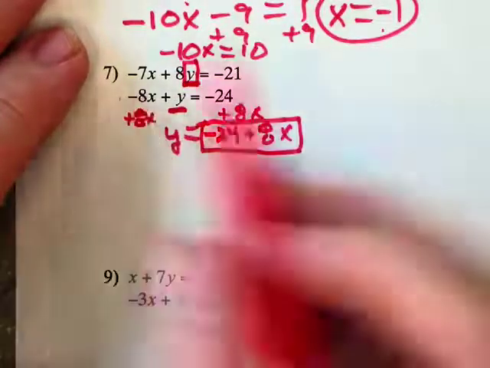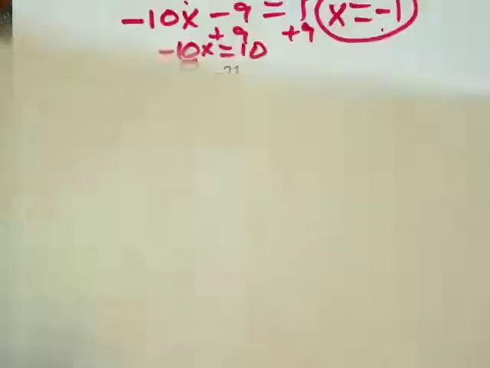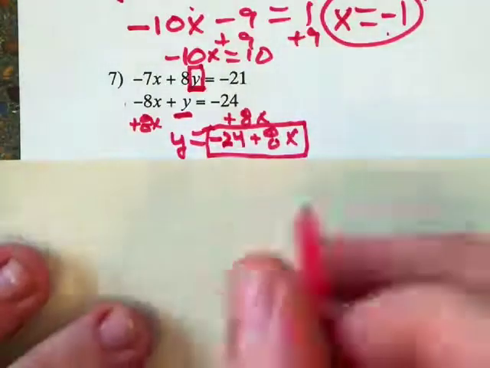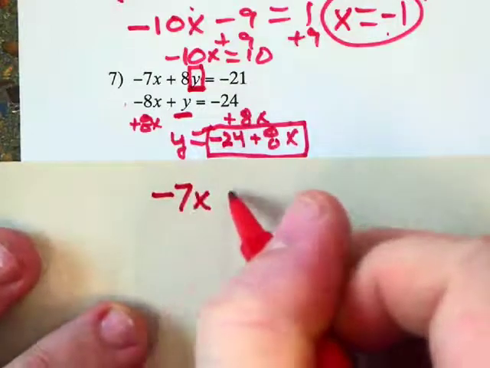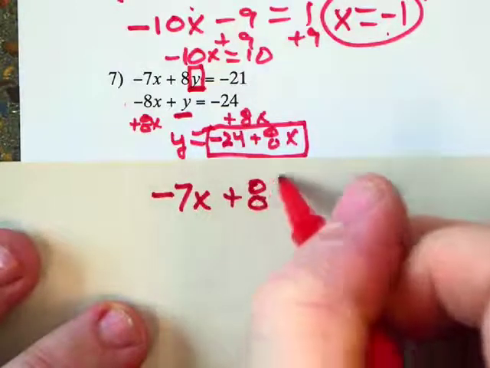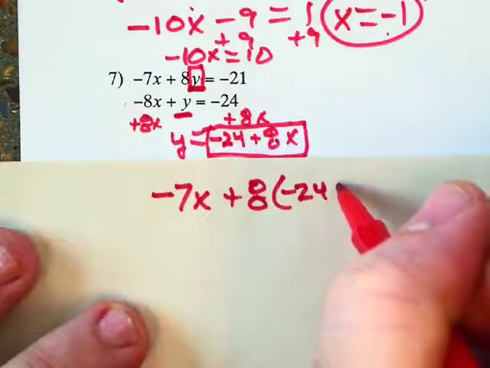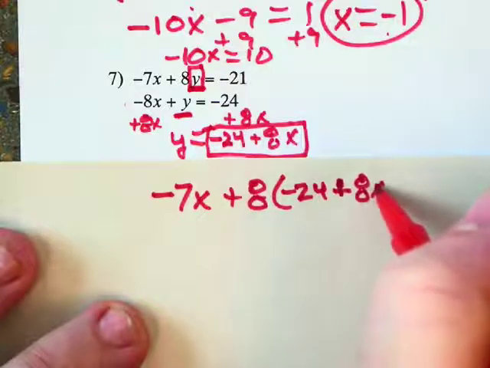And I'm left with, and I'm going to do this on a piece of scratch paper so I don't run out of room, negative 7x plus 8 times y, which is negative 24 plus 8x.